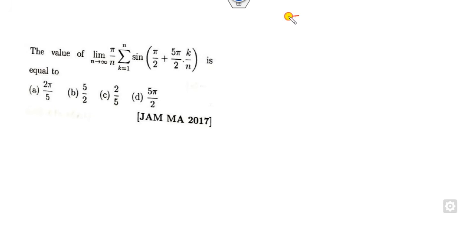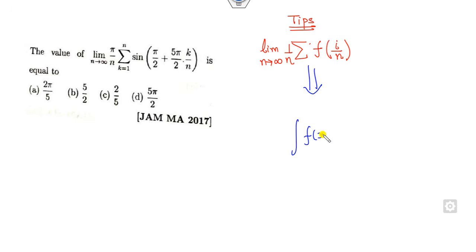Okay, now this is another category. Always remember, whenever you are given a limit as n approaches infinity and a summation form of f(i over n) times 1 over n, you can convert this into the integral of f(x) dx by substituting x is i over n, always.